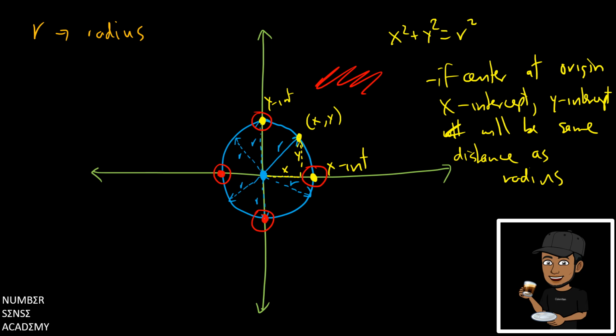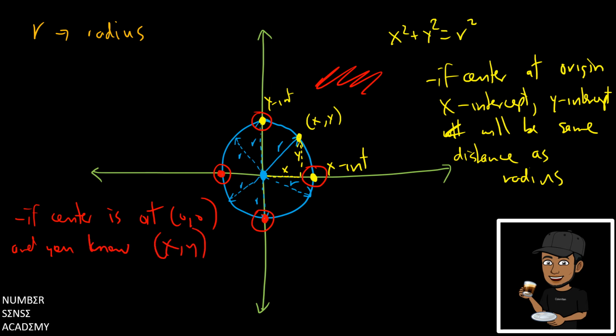And that leads to another important point, that if the center is at the origin, and you know one point, say it's x, y, then you could just use symmetry to find the other points. When I say the other points, I just mean some other points that you could use to graph your circle.